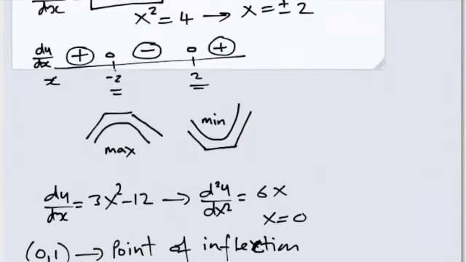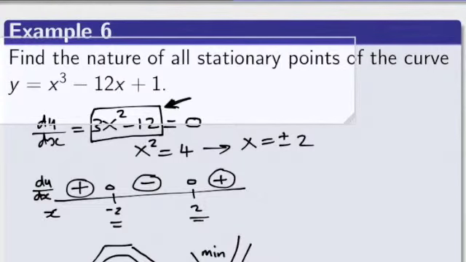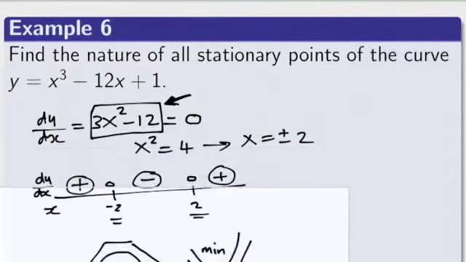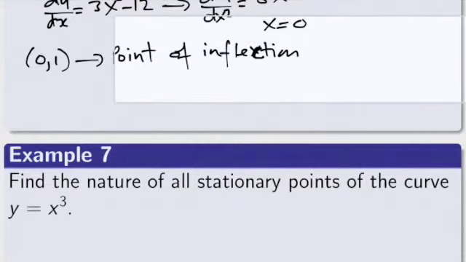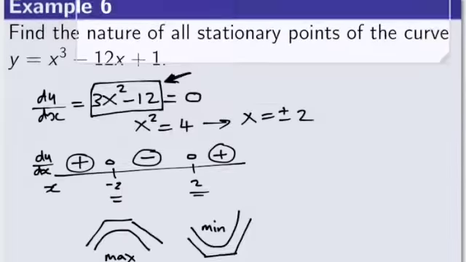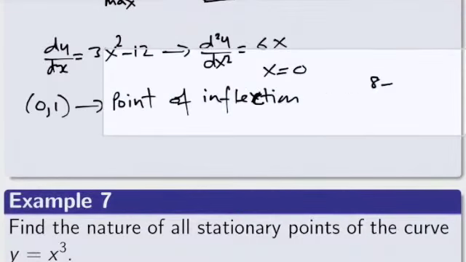And when x is 2, we have 2 cubed is 8. So we have 8 minus 12x, so 8 minus 24 plus 1. Let's write it down here, 8 minus 24 plus 1.